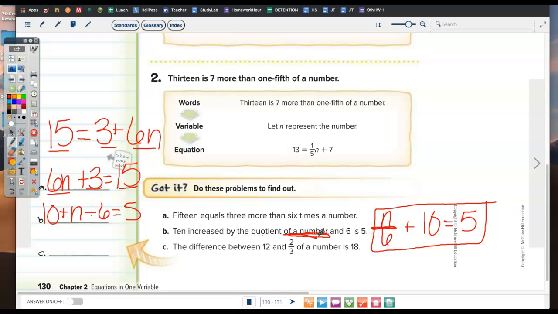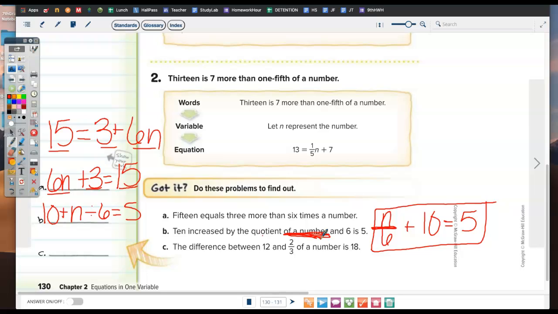So n comes first, because a number divided by 6. If it would have said the quotient of 6 and a number, it would be 6 divided by n. Quotient means division. Everybody see how that works now?